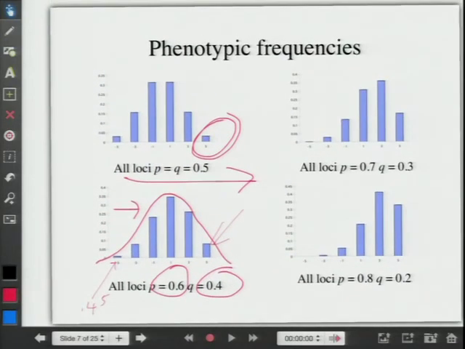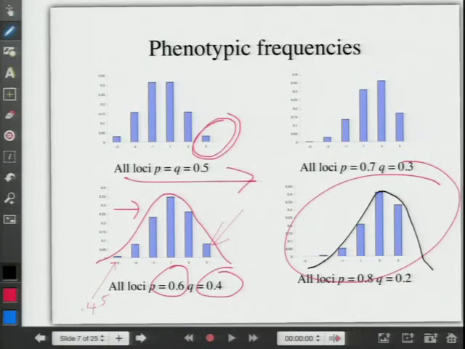So if you just extend this out to over here, say, you have at all loci the big allele at a frequency of 0.8 and the little allele at 0.2. And the phenotypic distribution is a long way from what it was before, just by recombining genotypes and changing the probabilities of getting those different additive alleles.